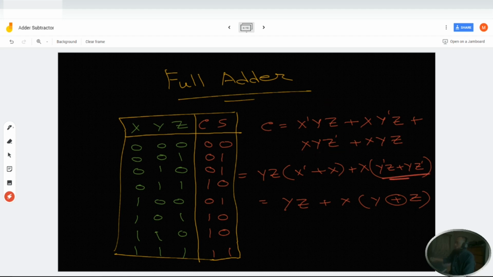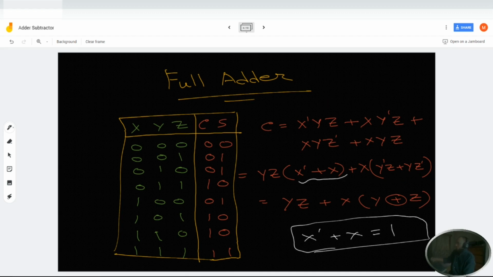And we know this is the expression for y XOR z, and for x prime plus x we always find the result as 1, so this becomes 1. So our final simplified sum expression for carry is y z plus x into (y XOR z).